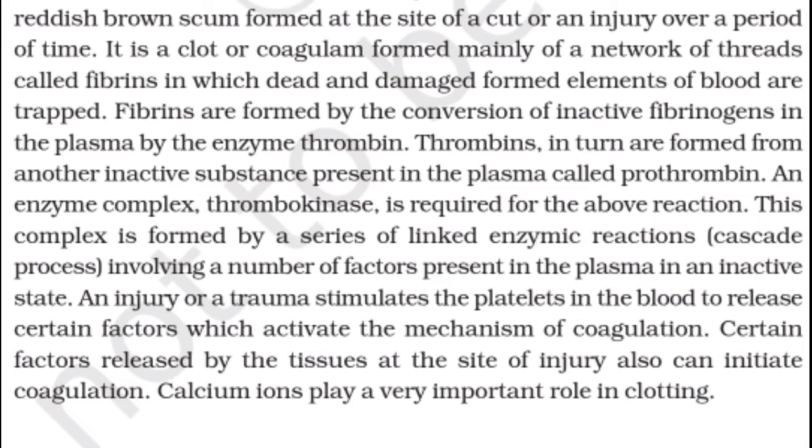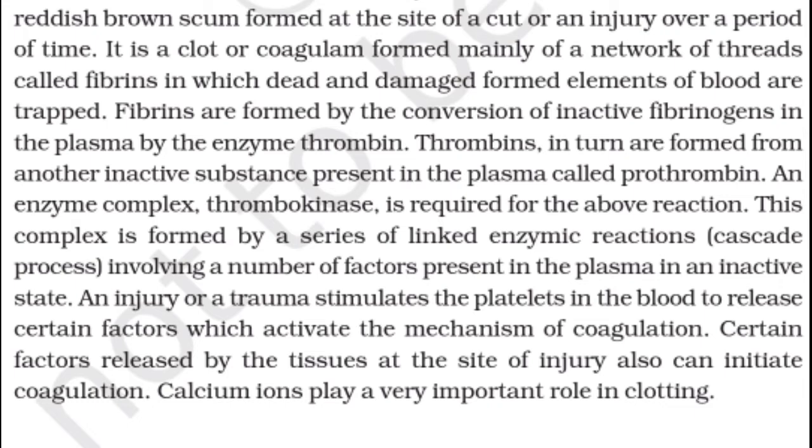Fibrins are formed by conversion of inactive fibrinogen in the plasma by the enzyme thrombin. Thrombin in turn is formed from another inactive substance present in the plasma called prothrombin. An enzyme complex, thrombokinase, is required for the above reaction. This complex is formed by a series of linked enzymic reactions (cascade process) involving a number of factors present in the plasma in an inactive state.